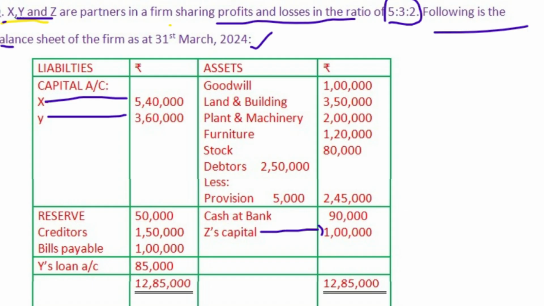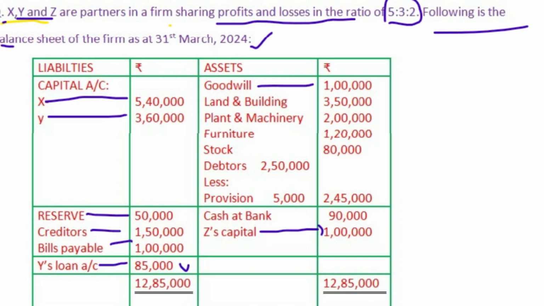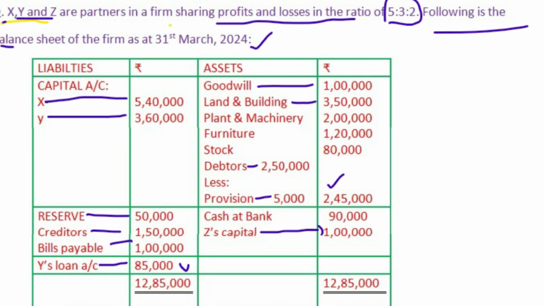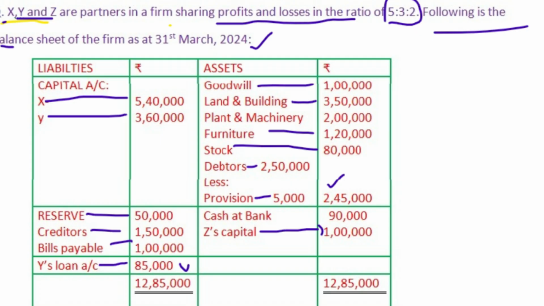Other information: reserve, creditors, bills payable, Y's loan account, where he has given a loan of rupees 85,000 to the partnership firm. Then goodwill, land and building, plant and machinery, furniture, debtors 2,50,000 minus provision 5,000, so 2,45,000, stock balance 80,000, furniture 1,20,000, and cash at bank balance.